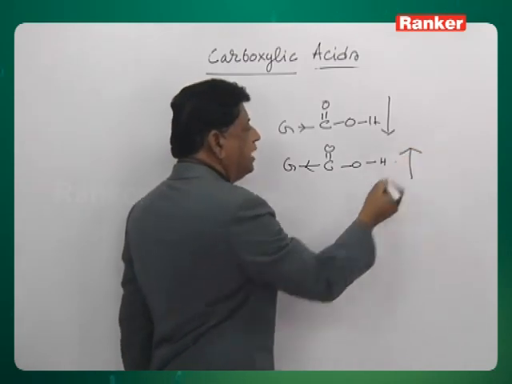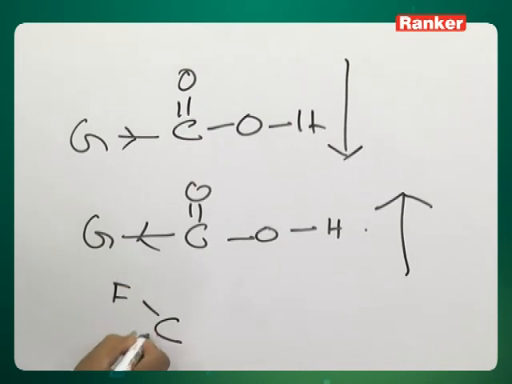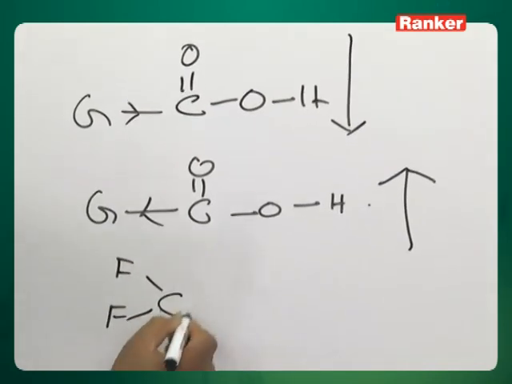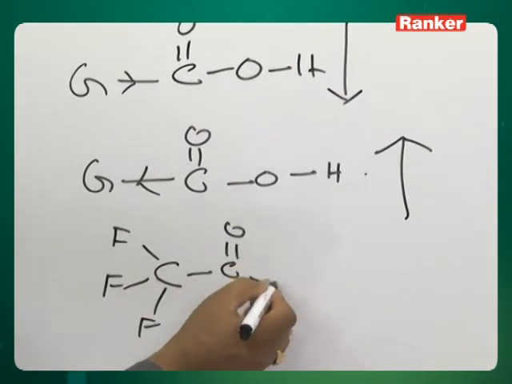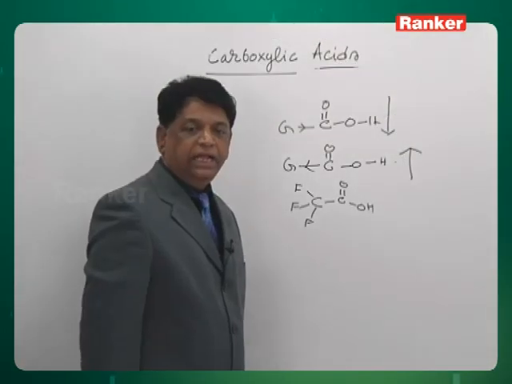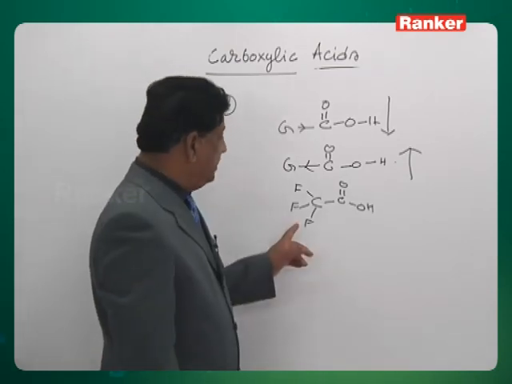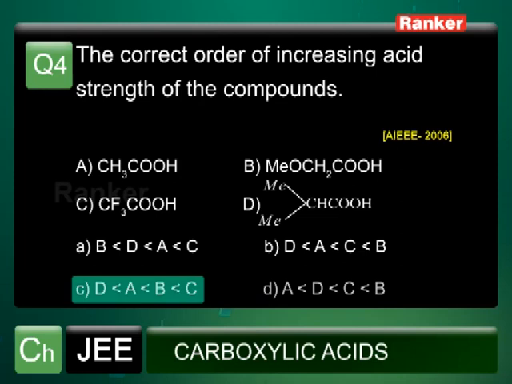So option C has 3 fluorines containing acetic acid. This is one of the strongest acids of the different carboxylic acids. So this comes in the increasing order, it should be at the end. So option C should be at the end. Therefore the final answer will be C.